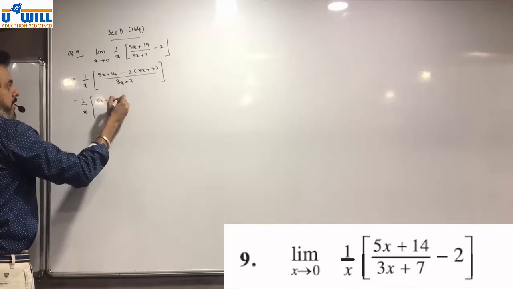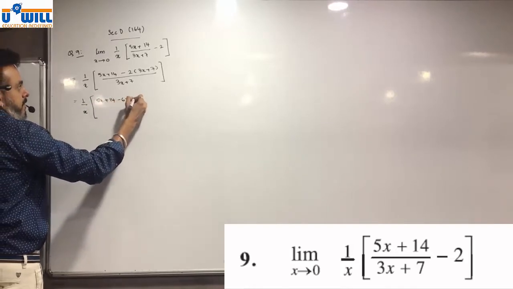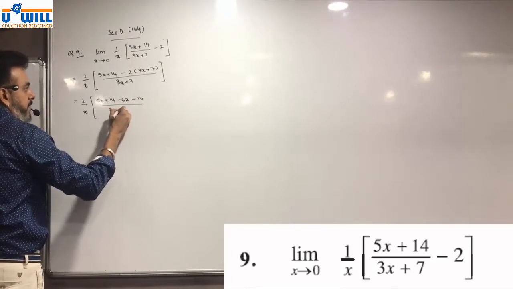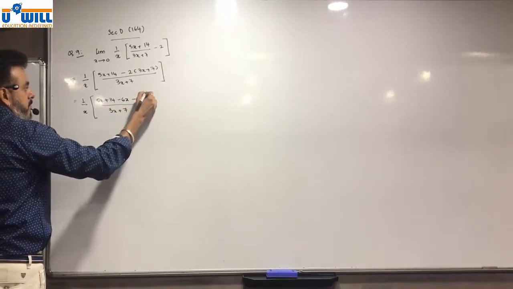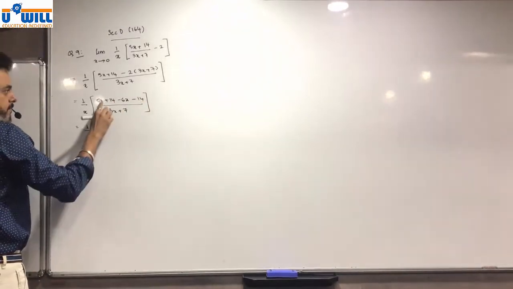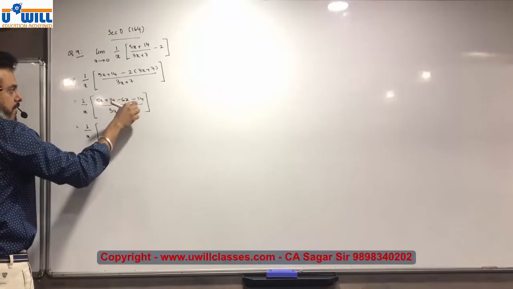5x plus 14 minus 6x minus 14 upon 3x plus 7, which is equal to 1 by x. This will become 0.